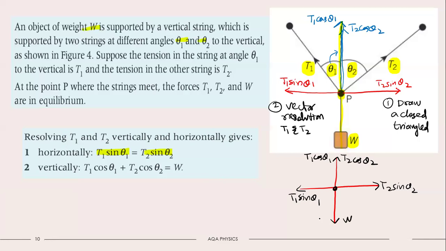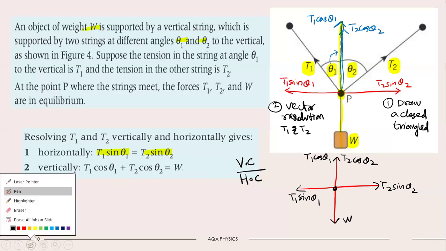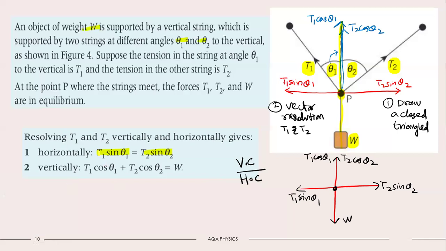If the object is in equilibrium, we can say that the vertical components are equal together and the horizontal components are equal together as well. So that is written over there, that T1 sine theta 1 is equal to T2 sine theta 2. This is the first thing that is shown.